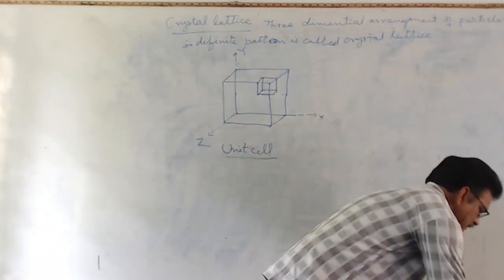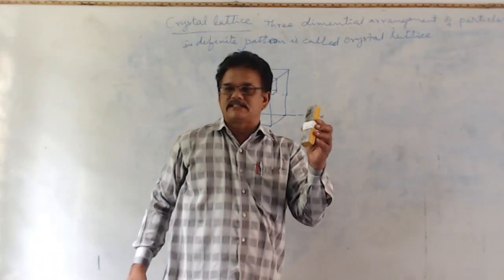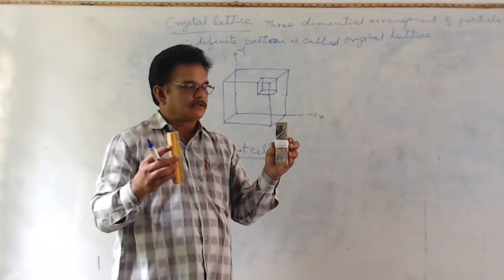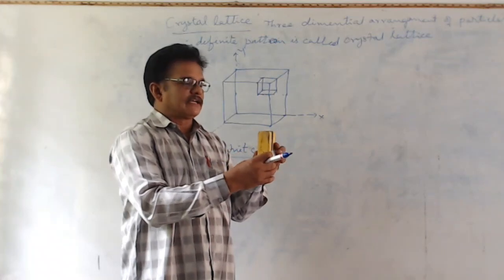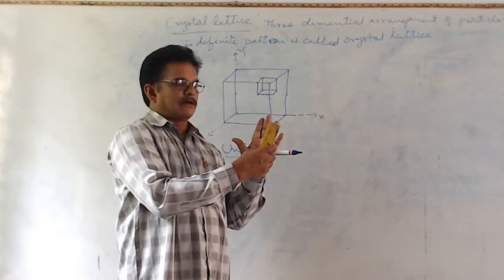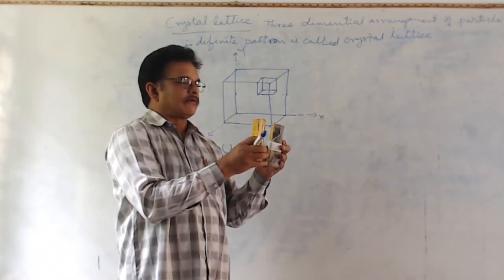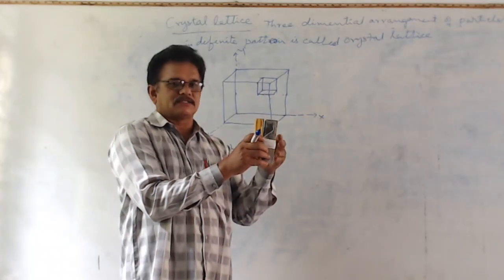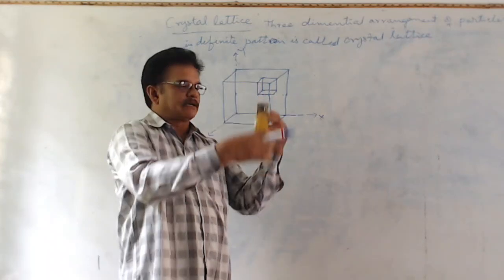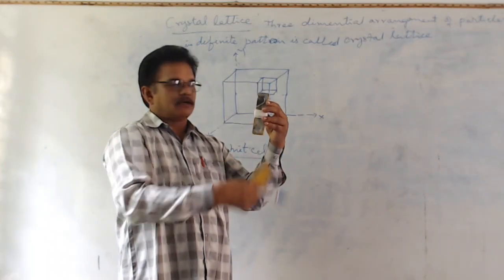That means, say this is one unit cell, say this is another unit cell. So one unit cell comes like this, one unit cell comes like this along the x-axis. Similarly, one unit cell comes like this, one unit cell comes like this along the y-axis. And one unit cell comes like this, and another unit cell comes like this along the z-axis.